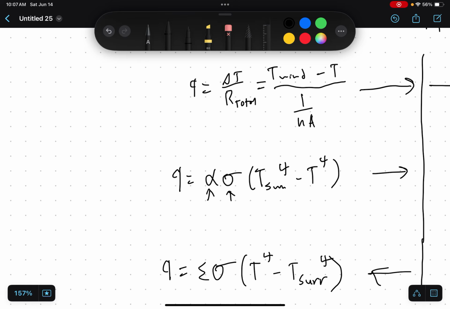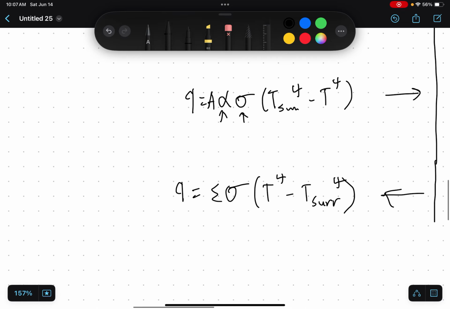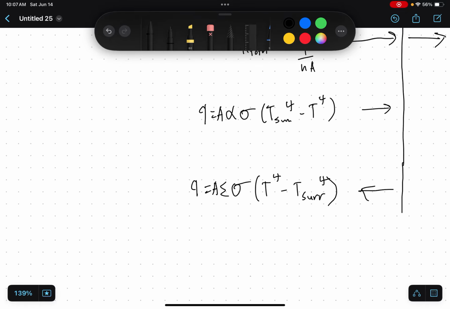This is watts per meter squared Kelvin to the fourth. These are Kelvin to the fourth. So I'm missing a meter squared. That is because I forgot to multiply these by area.